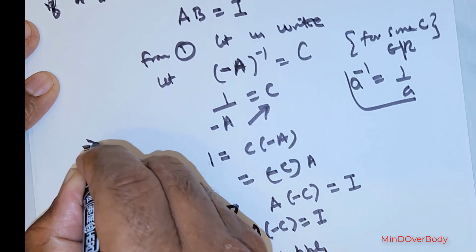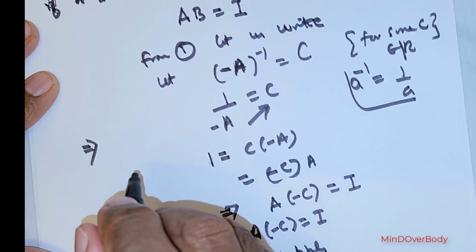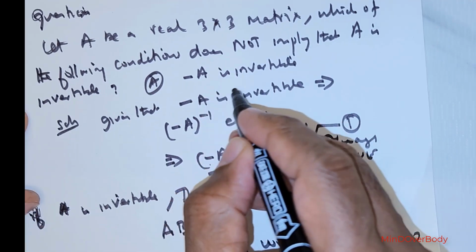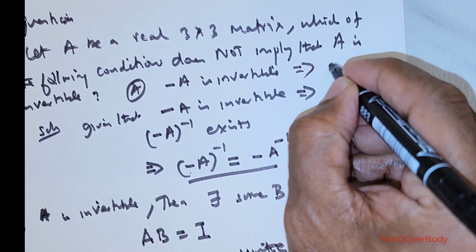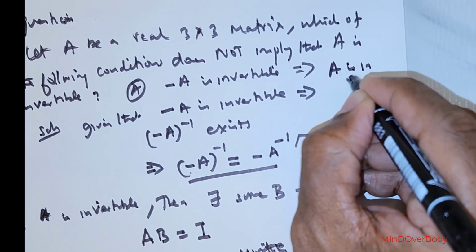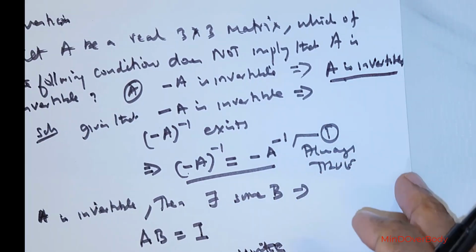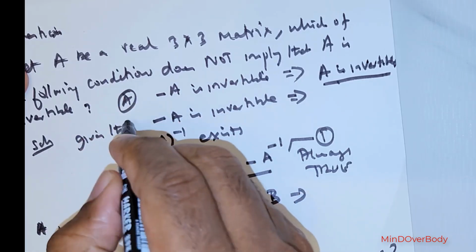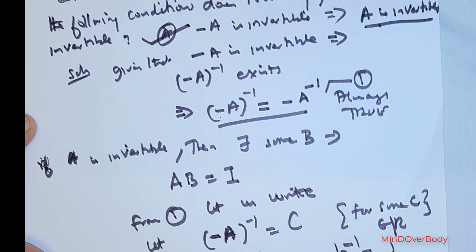So what is the point in showing you all this? It means that negative A being invertible means A is invertible. Okay, that's the exact meaning. So this statement is true. So we will move on to check the next statement.